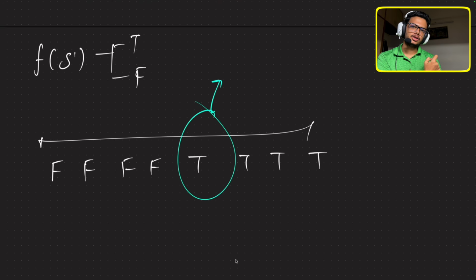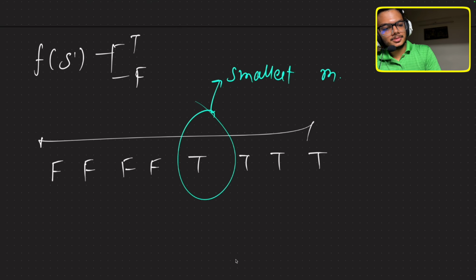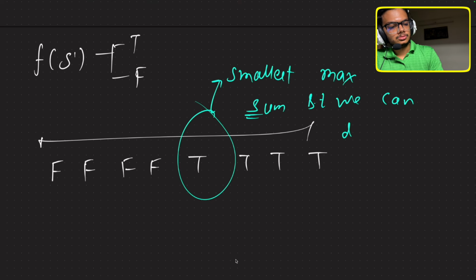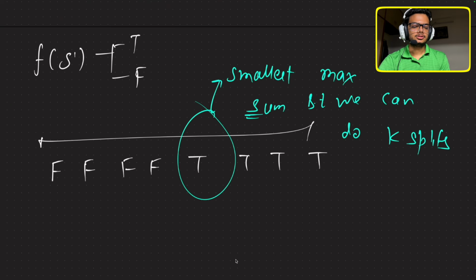What is this t corresponding to? It is corresponding to the smallest maximum sum such that we can do k splits, right? So that's what you can do.